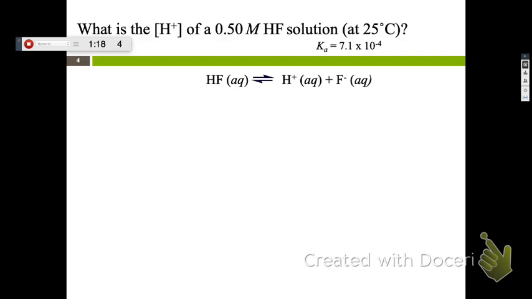Then our initial will be 0, 0.5. Minus x, plus x, plus x. Unless it's actually listed, it's 0.